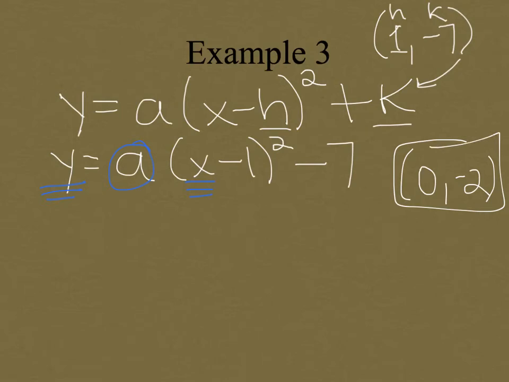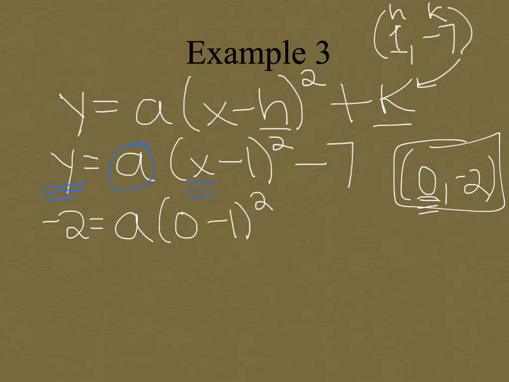The reason I chose this point is because x equals 0 is an easy point to plug into the equation and then simplify. So I'm going to substitute -2 for y and 0 for x, and this allows me to have a as my only remaining variable in the equation, so then I can solve for a.